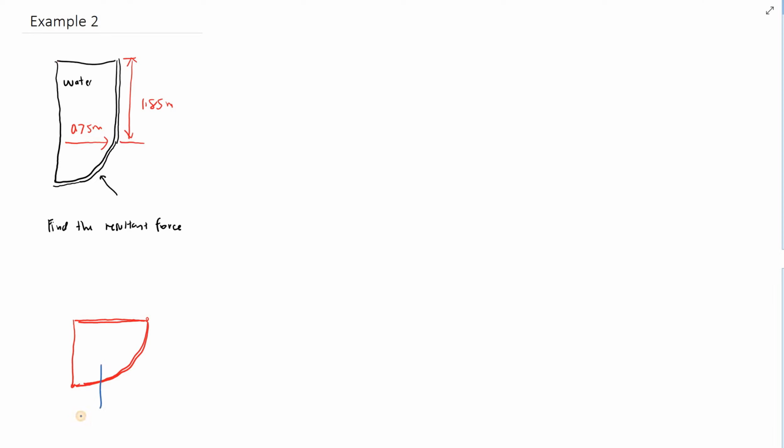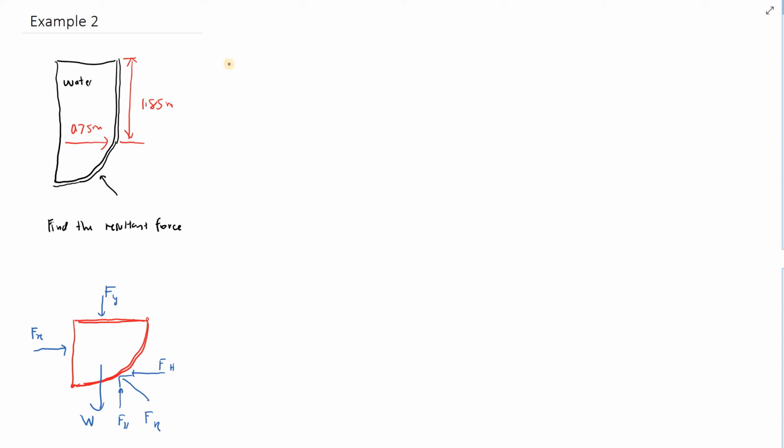You will have W going downward, the weight of the water. You will have the resultant force acting that way, and then FV, FH. On the imaginary vertical surface you will have Fx, and over here you will have Fy.